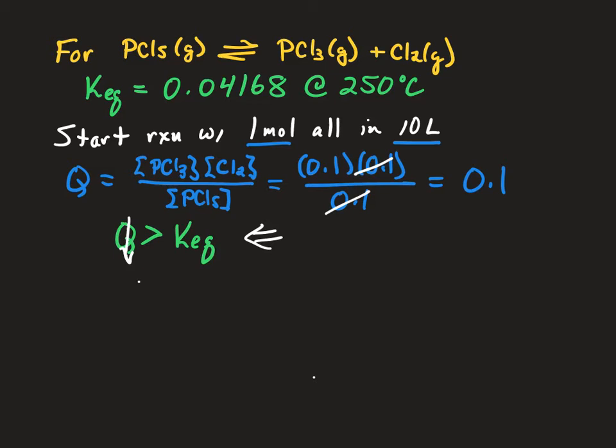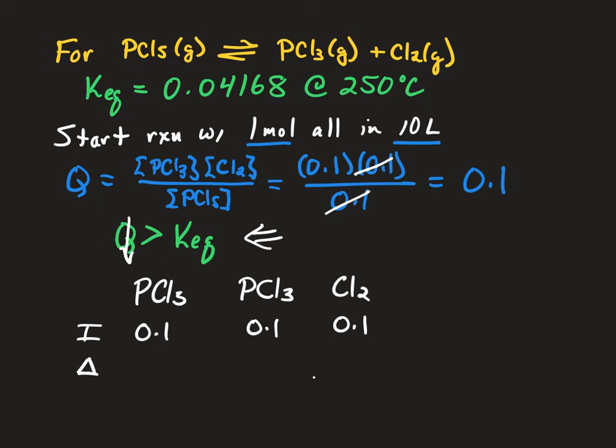We've got our PCl5, our PCl3, our Cl2: our phosphorus pentachloride, our phosphorus trichloride, and our chlorine. Initially, they're all at 0.1. These numbers probably have 3 significant figures.